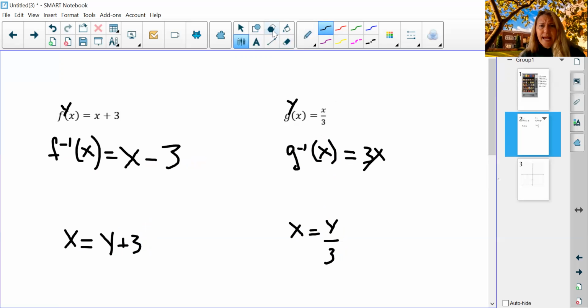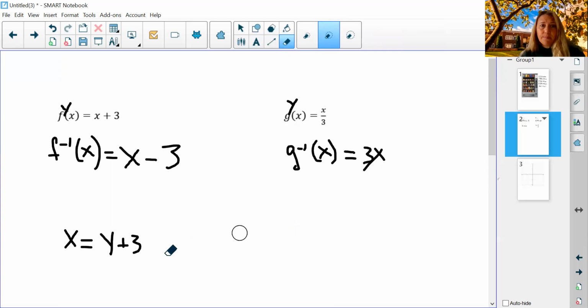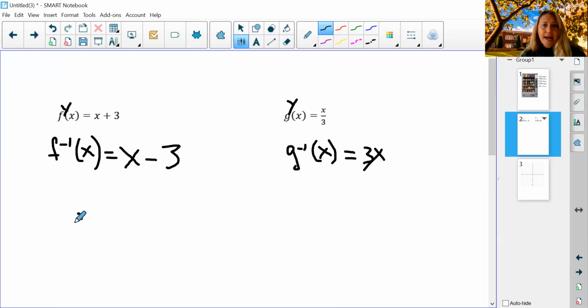Here's something else that happens when I work with inverse functions. If I wanted to find, say, f of 7, if I put that into this original function, I would get 10.